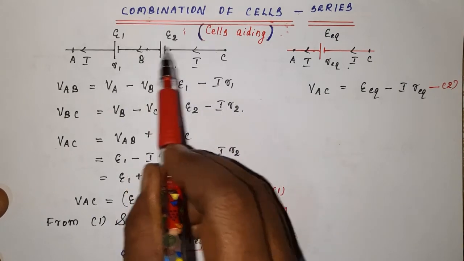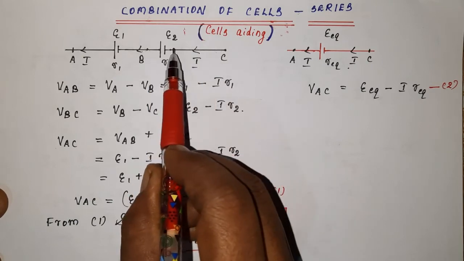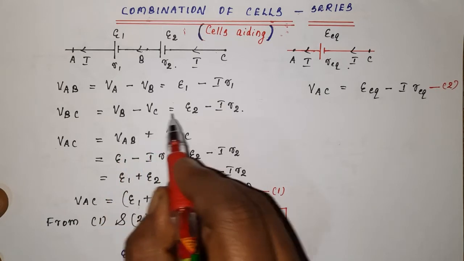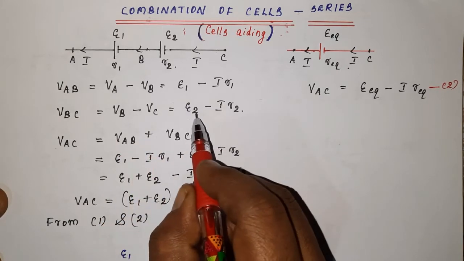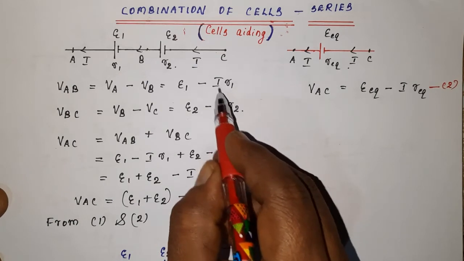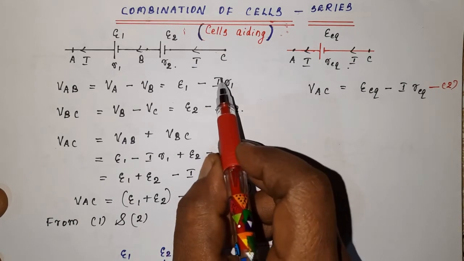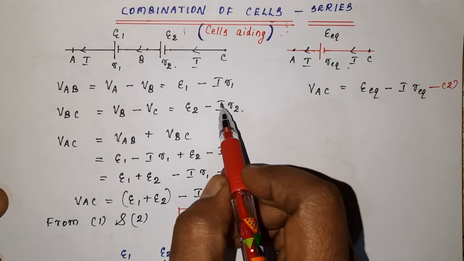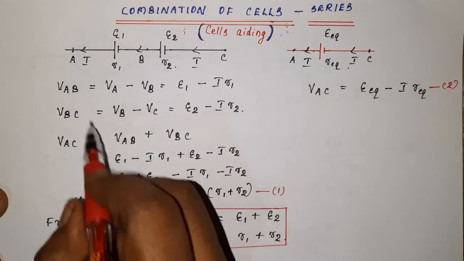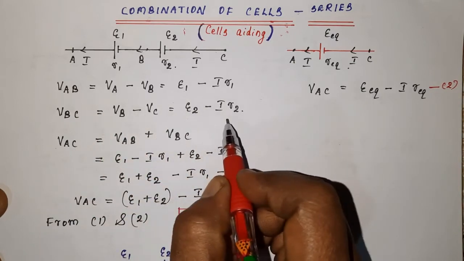Now VBC, in the same way, is the terminal potential difference of the second cell. So VBC equals VB minus VC, that is equal to epsilon 2 minus IR2. Take care, since it is a series combination, the current flowing through the two cells will be the same.